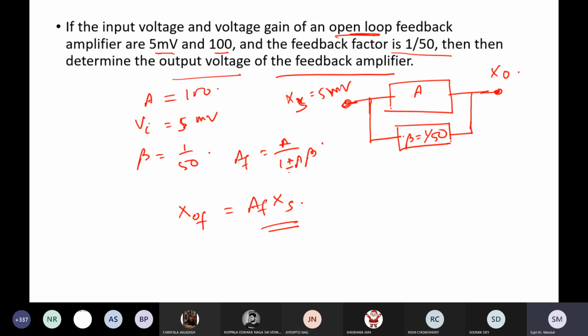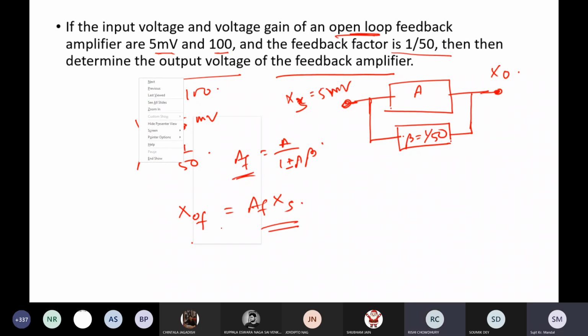Once you take the A beta as positive, and another A beta as negative, calculate the overall AF. For A beta positive, it would be negative feedback gain. For A beta negative, it would be positive feedback gain. And accordingly, you calculate the output voltage for negative feedback and the output voltage for positive feedback.